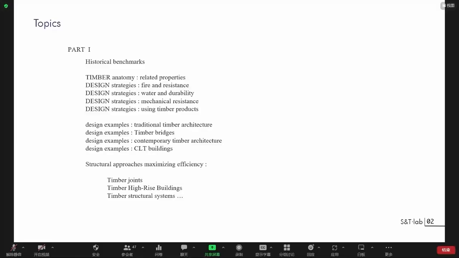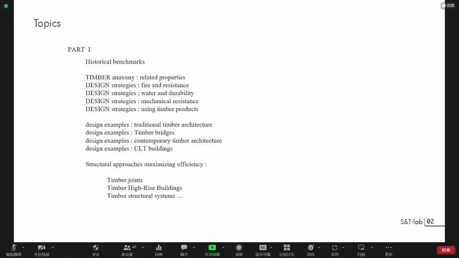Then we will see a series of examples in traditional timber architecture, in timber bridges, in contemporary timber architecture, and in CLT buildings. Then going to more structural topics, reviewing timber joints and high-rise buildings, just giving an introduction since this is quite a complex topic.